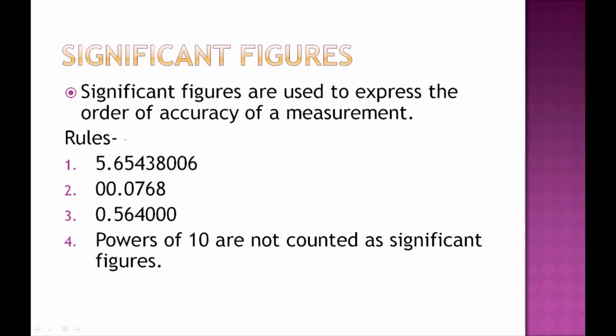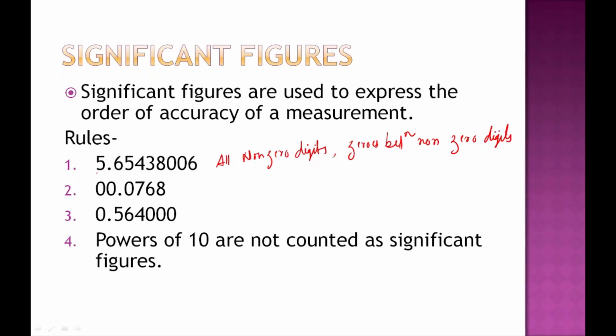Now, there are sets of rules by which we can figure out significant figures in a given number. What does the first rule say? The first rule says that all non-zero digits, or zeros between non-zero digits, are significant.